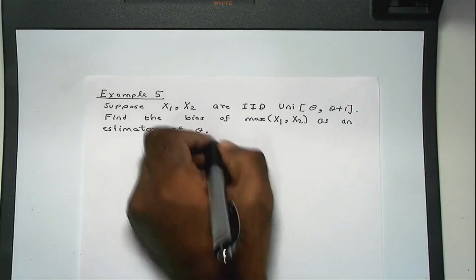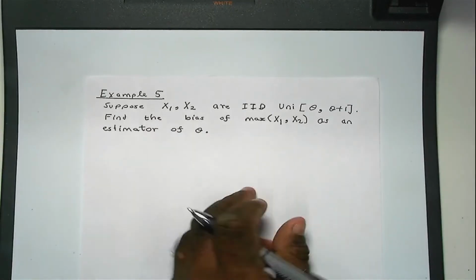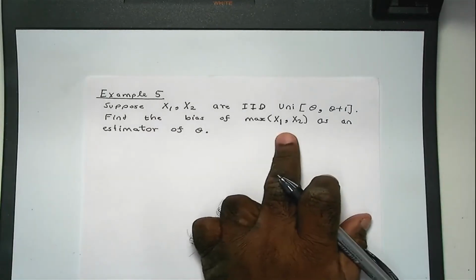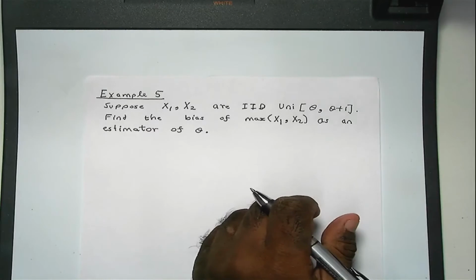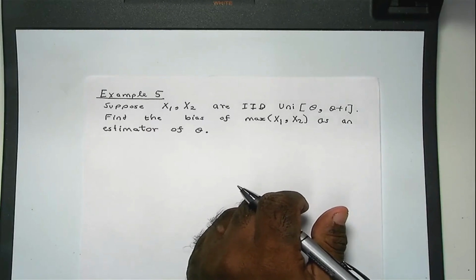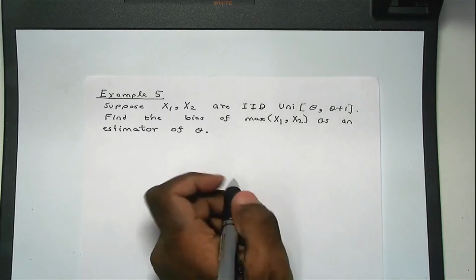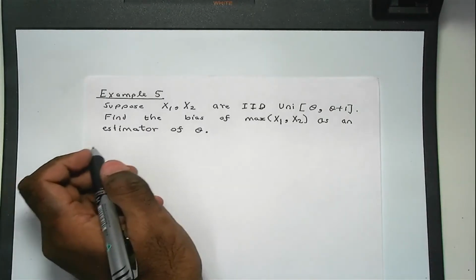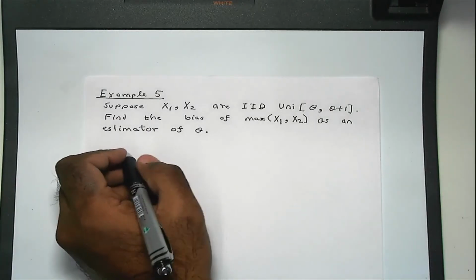Right. So the question here is to find the bias of this as an estimator of that. Right. Okay, let's see. I mean, this question is slightly different to the previous ones. So let me show you how to do it.